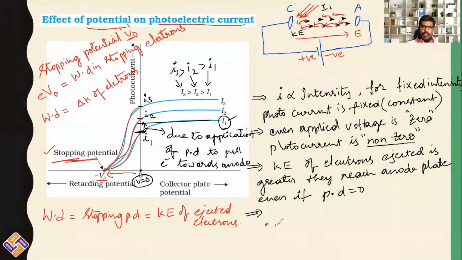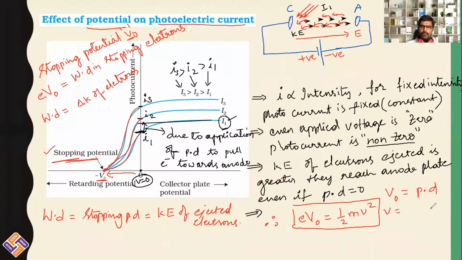Okay, therefore, I can now write eV naught is equal to half mv square, where V naught is the potential difference, v is the velocity of electrons, and m is the mass of electrons.